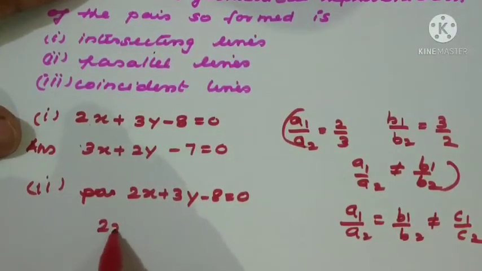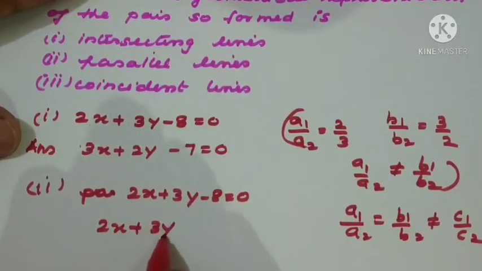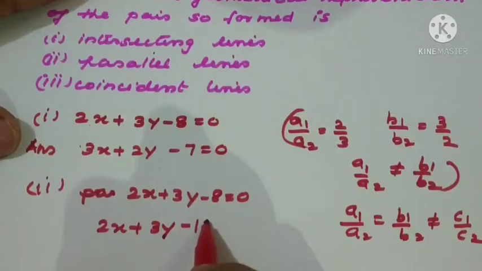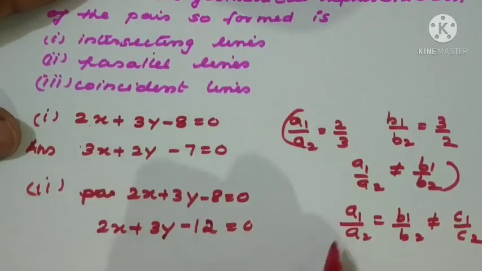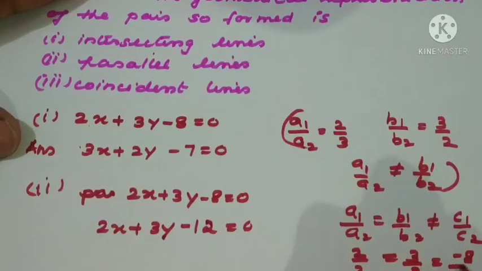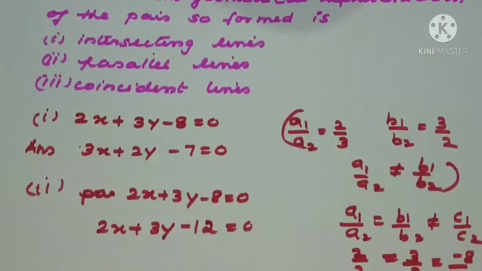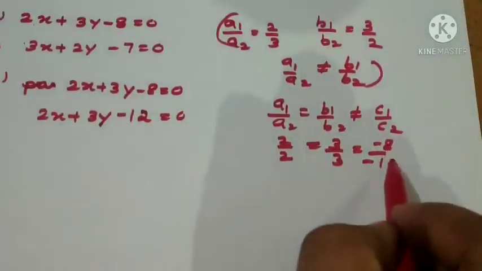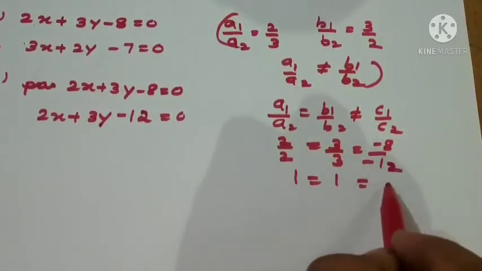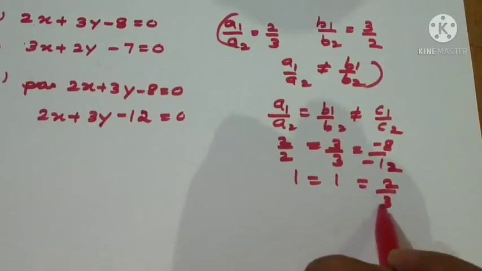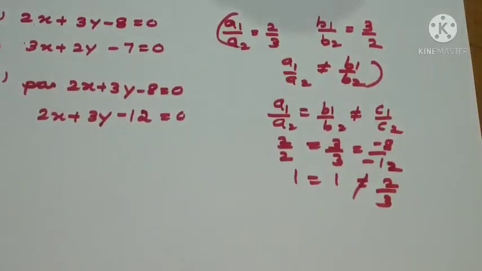So here 2x plus 3y no change, minus 12 I am writing, so a1 by a2 is 2 by 2. Here 3 by 3 is not equal to minus 8 by minus 12, right? So 1 equal to 1, that is not equal to 2 by 3. So the parallel line condition is satisfied.